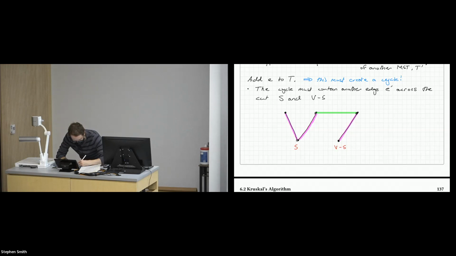This is the edge E prime in T. And the shortest edge, the one I'm adding, is instead this one here. So this is the E.